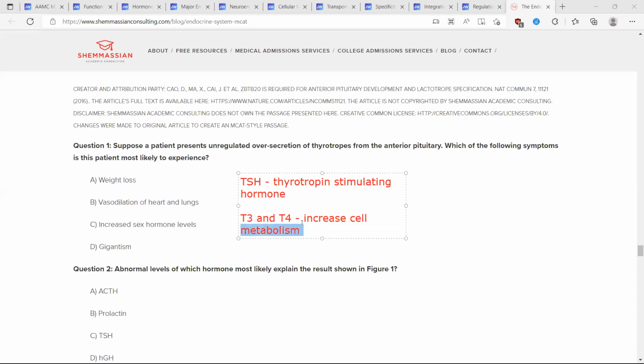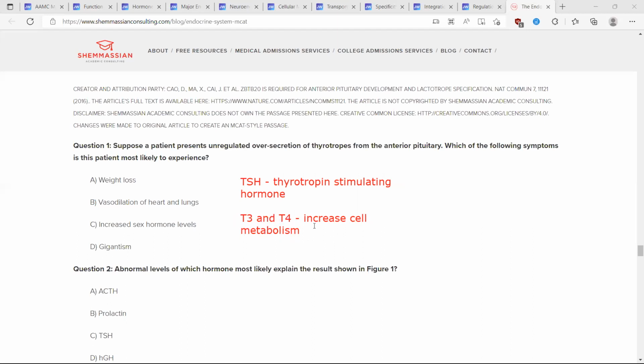Metabolism is our breakdown and digestion of various nutrients and foods, right? It seems that the one that would be most likely is weight loss, because if we have increased metabolism, then we're not packaging sugars and fats away, but rather we are breaking them down if T3 and T4 are increased.